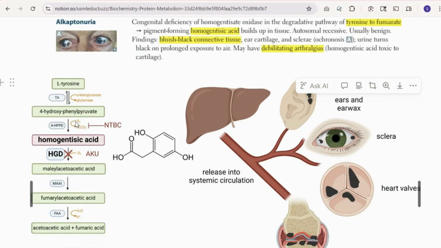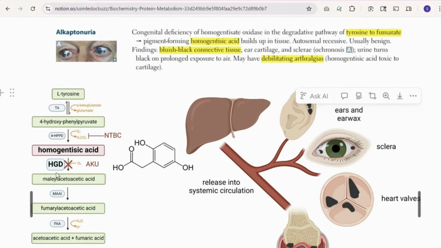This acid eventually makes acetoacetic acid or fumaric acid as it needs to. But this whole pathway is a part of tyrosine metabolism. If you have problems with this enzyme right here, the processing of, I think it's the dehydrogenase enzyme, right?